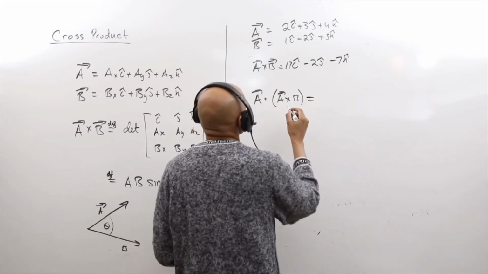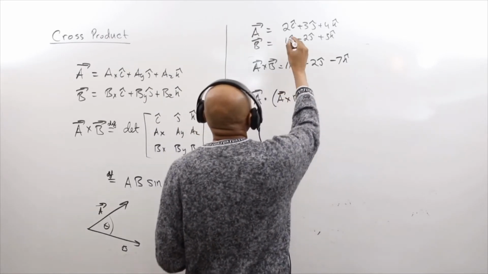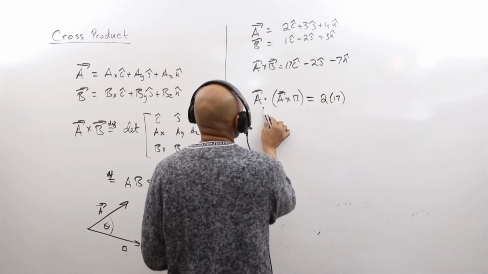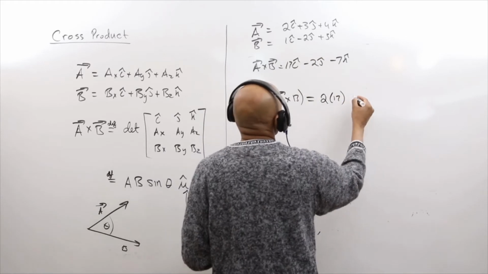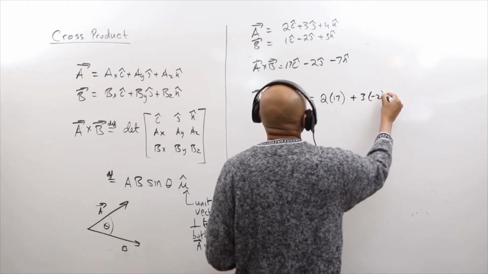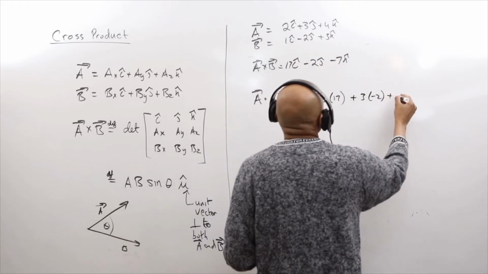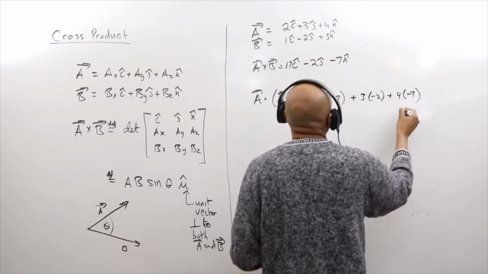Let's calculate this. The dot product of A with A cross B: we take the components, 2 times 17, plus 3 times negative 2, plus 4 times negative 7.